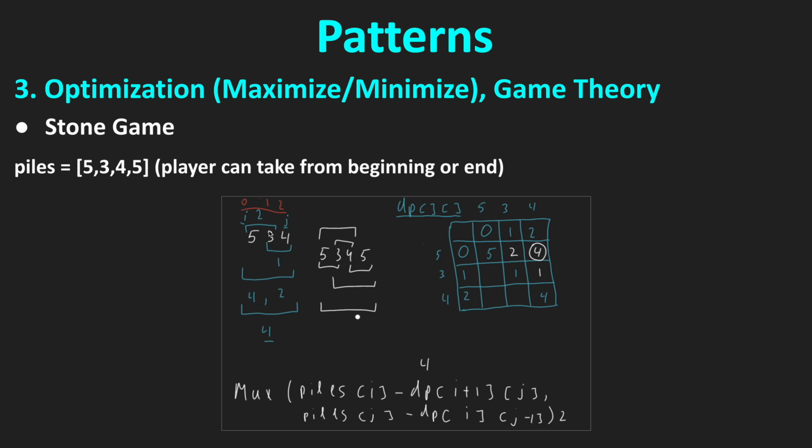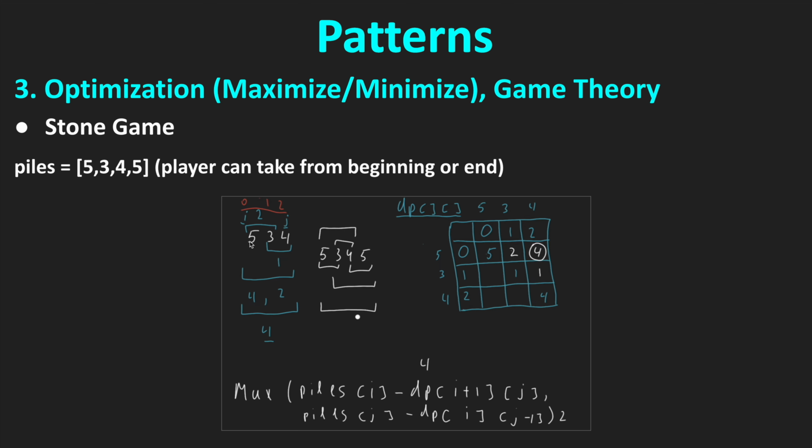Then the value that Bob will get is 2. So basically, at this point, with three elements, we take the value we have here minus the maximum value we are getting here. So 4 minus 2 gives us 2.